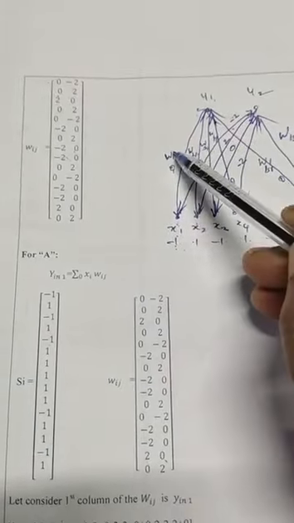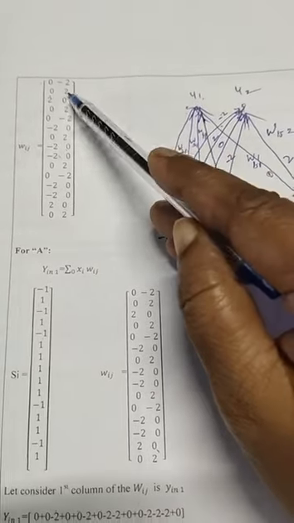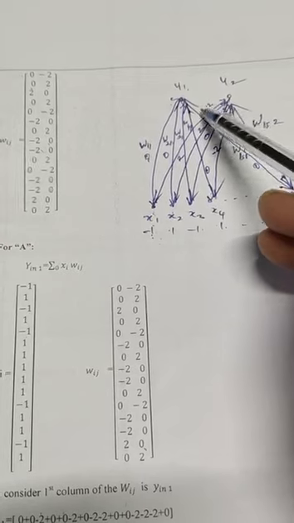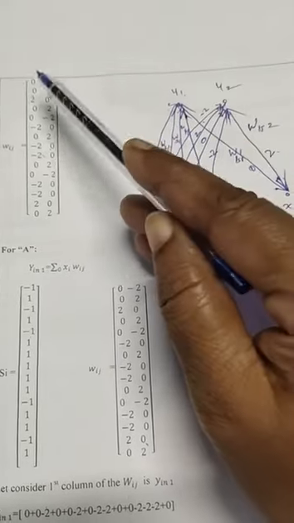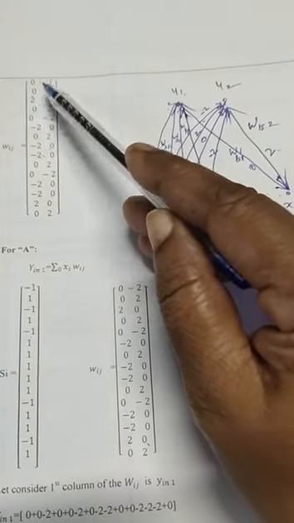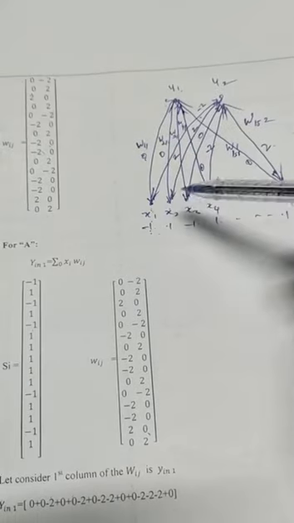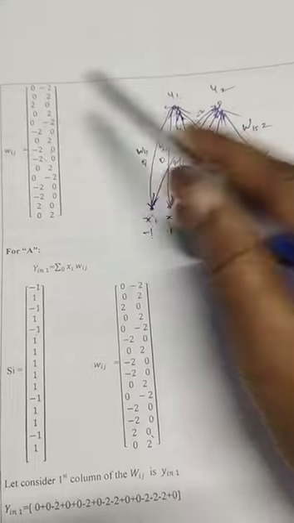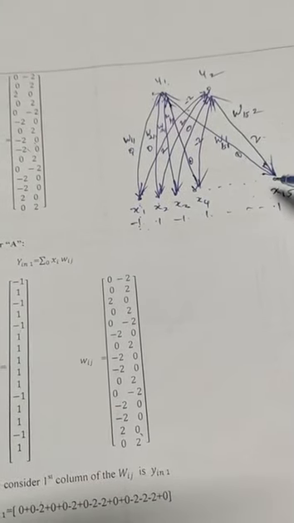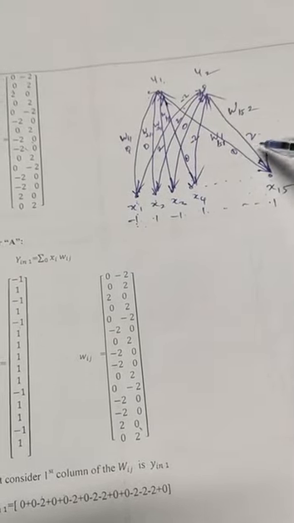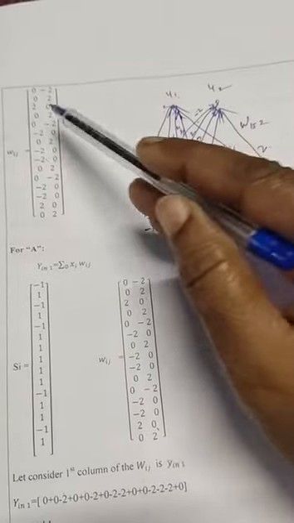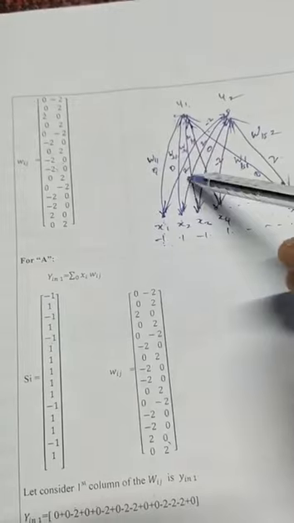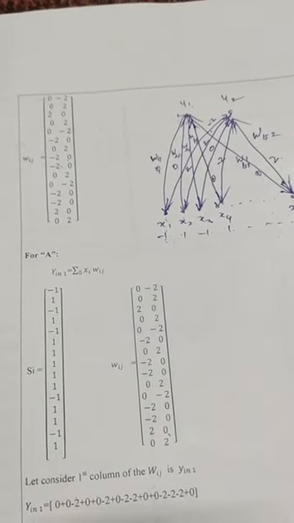W11 is 0, W12 is -2. Next, W21 is 0, W22 is 2. Like this you have to write the values of the weight matrix in the architecture, right?